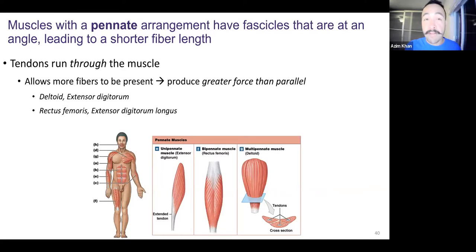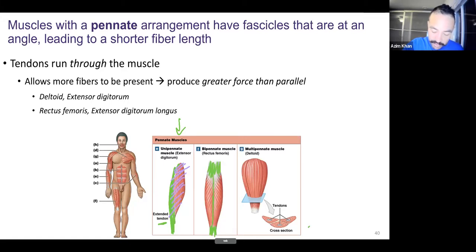What could be different than parallel? Something called pennant. Pennant is where the tendon, let's take a look down here, the tendon is running all along the side, and then the fascicles branch off the tendon. Or maybe the tendon runs through the midline.